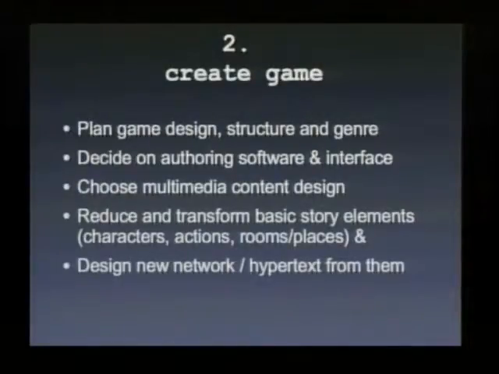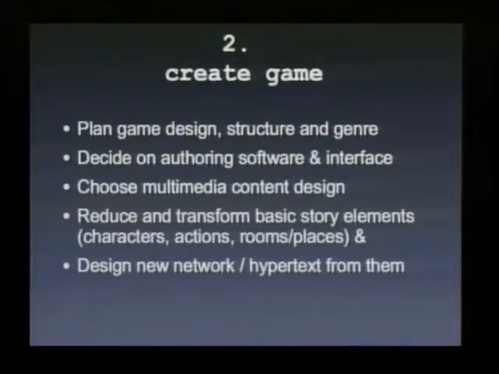Because actually this is more important than following a straight chronology from the story, conventionally written. Finally, if you have written down those elements, you have to design a new network or hypertext from them.